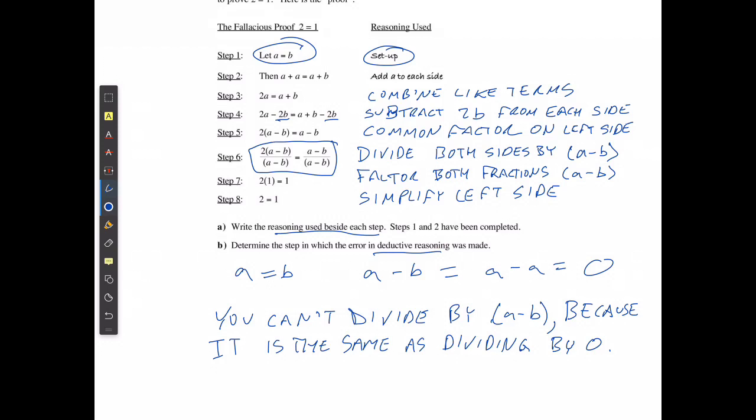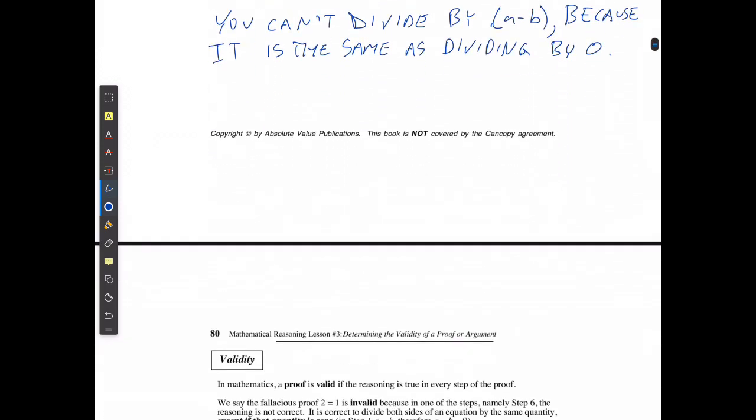And any division by 0 is undefined, so this mathematical process won't work. As soon as we try and divide by 0, it is kaput. Okay, let's take a look at another example.